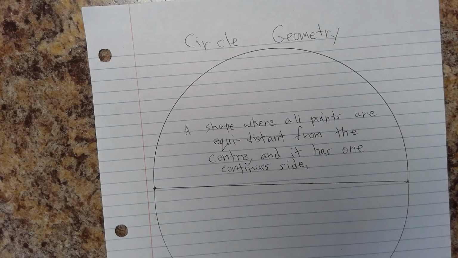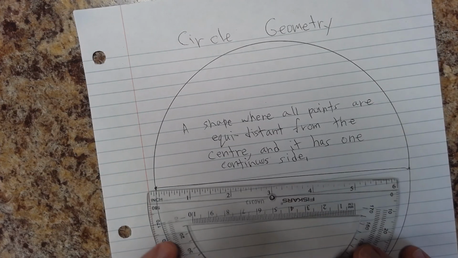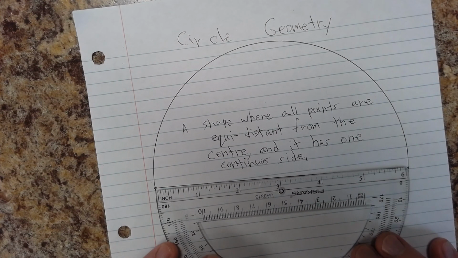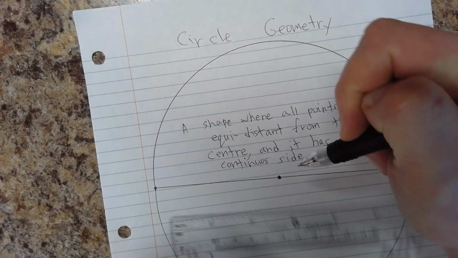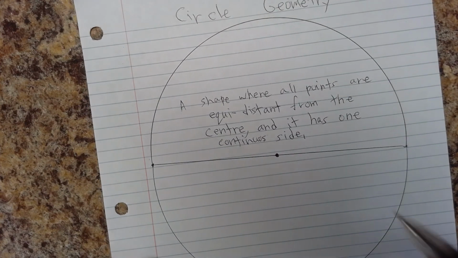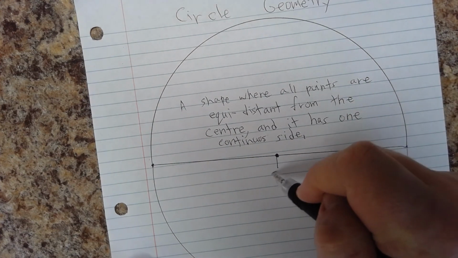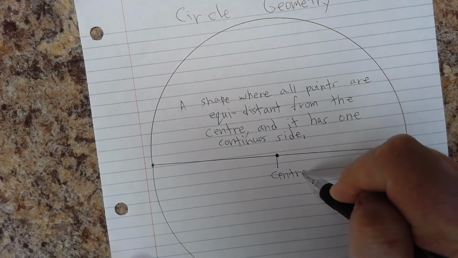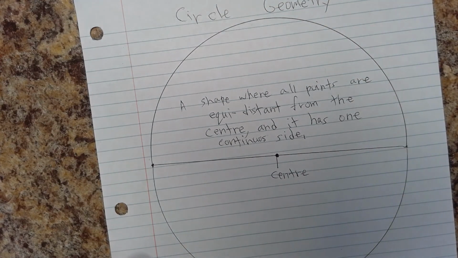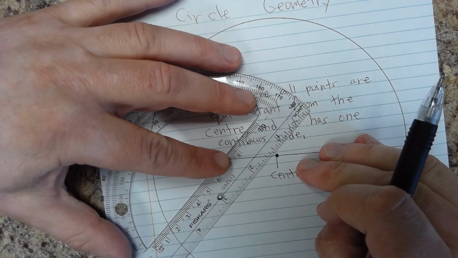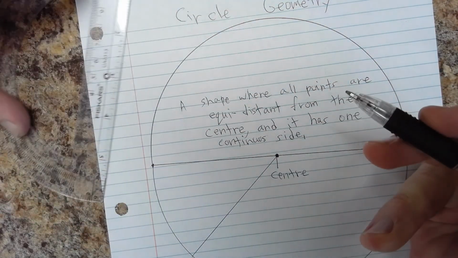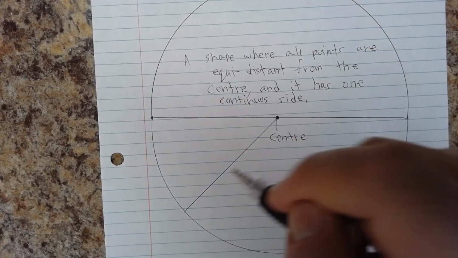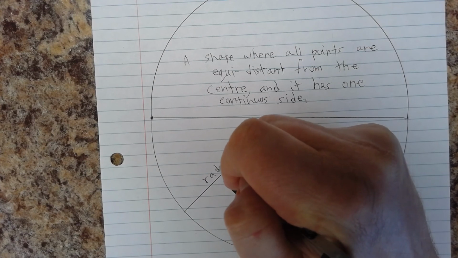But on any circle, some important things to recognize. The center of our circle is here. Then any line going from the center of our circle to the outside is known as the radius.